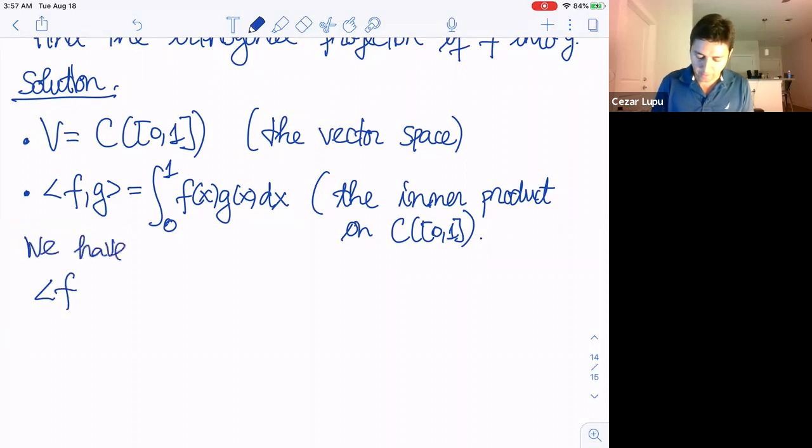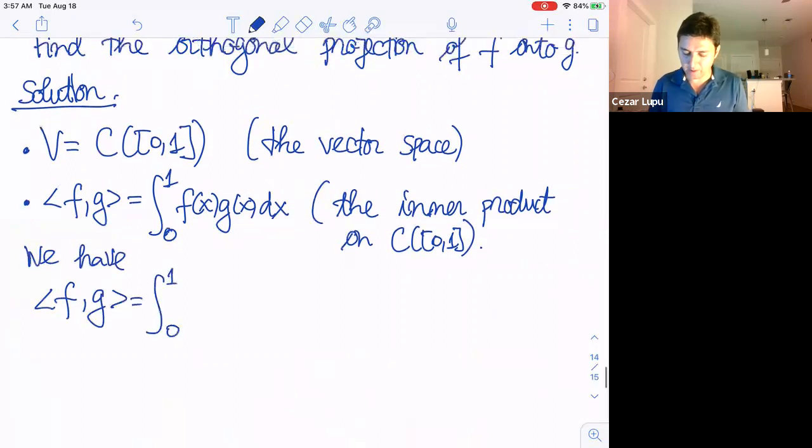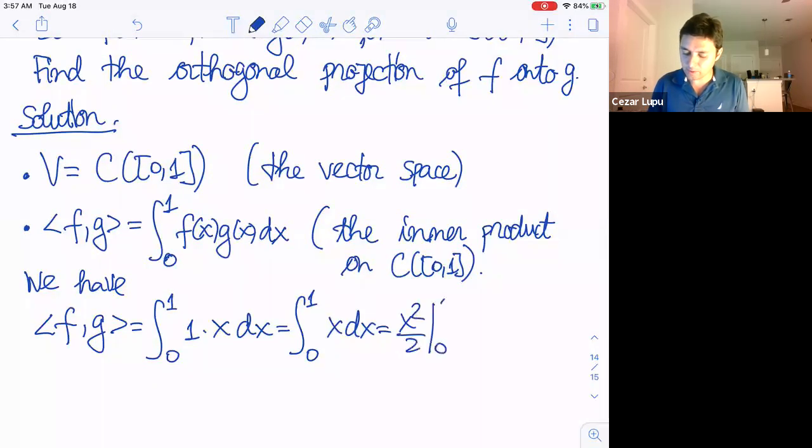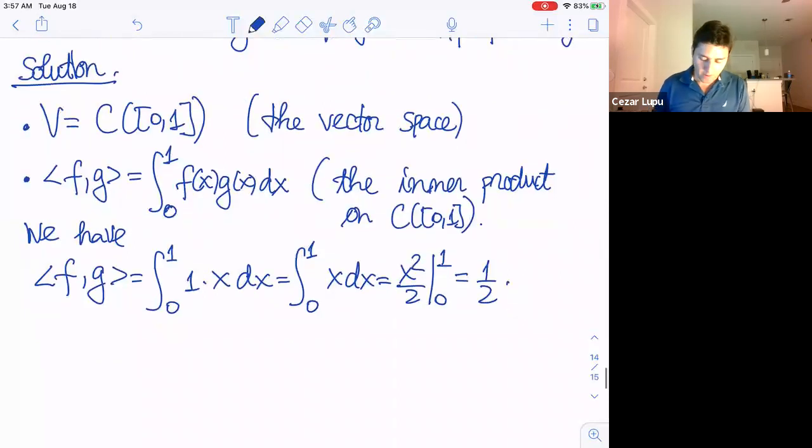It will be the integral from 0 to 1, and in our case, f of x is 1 and g of x is x. This is nothing else than just the integral from 0 to 1 of x dx, which is x squared over 2 from 0 to 1, which is 1/2. Okay, great. And now I'm going to compute the inner product between g and g.